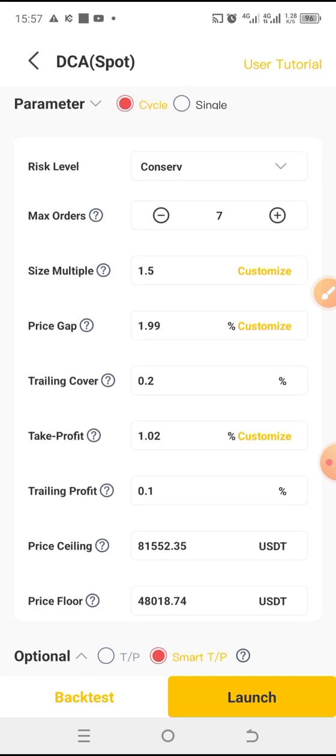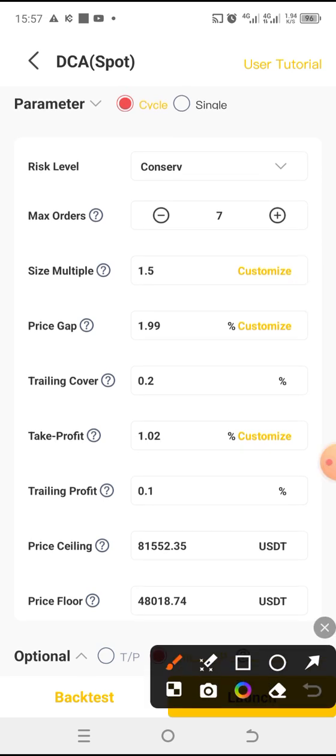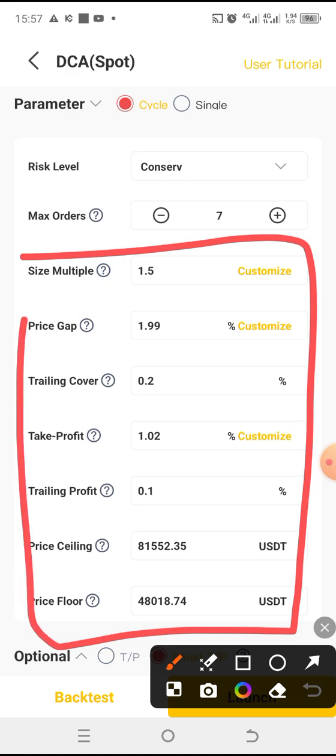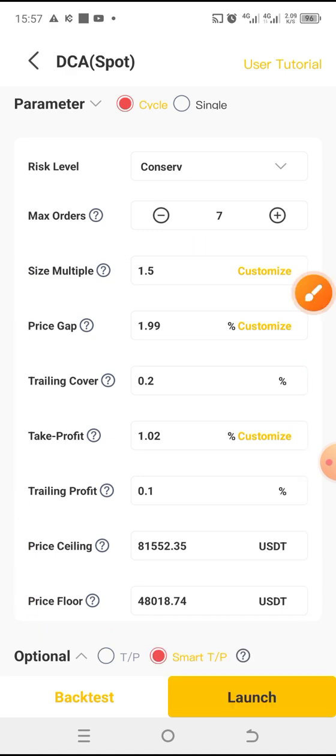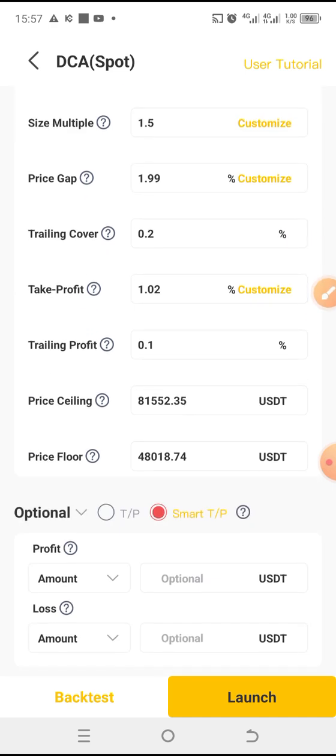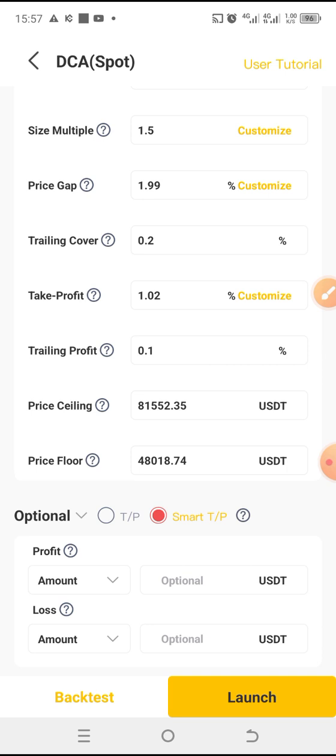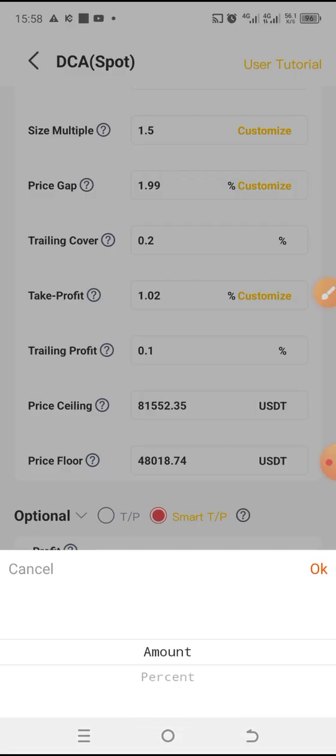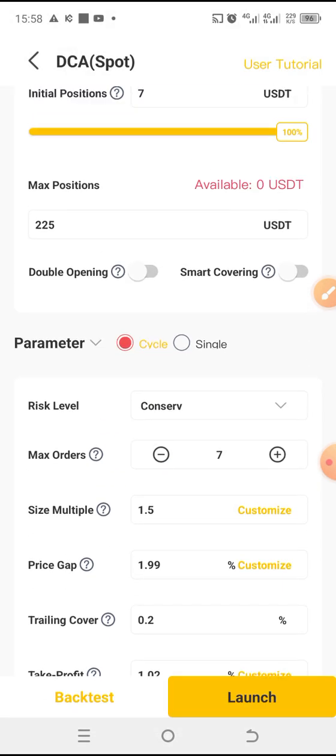There is a default already, but you can change the defaults. Then the option is also here for you to add profit and loss in terms of amount. You can also do this in terms of percentage and so on. So that's all about DCA.